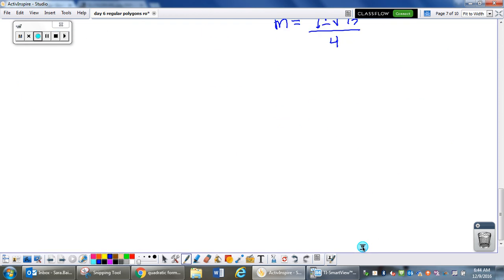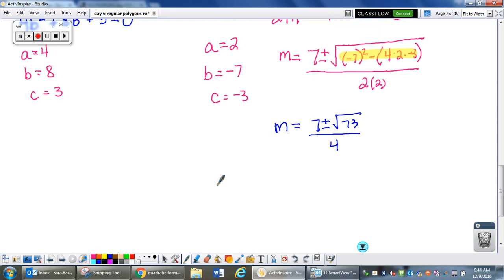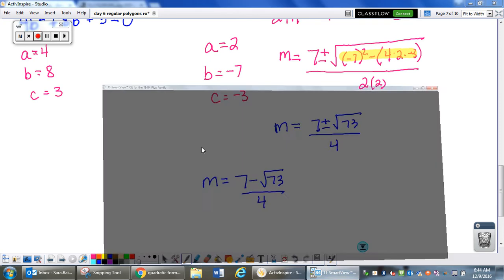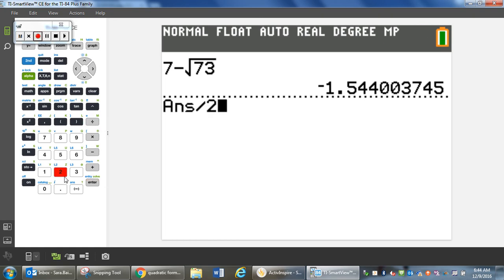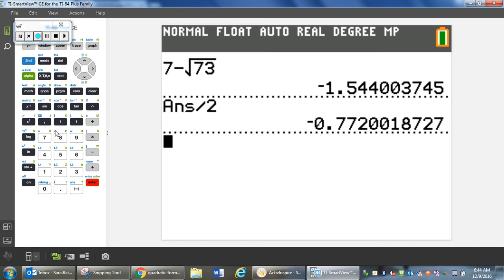Okay? So you're going to have one answer, which is 7 minus the square root of 73 all over 4. Watch how I'm going to key this in. 7 minus the square root of 73, enter, divided by 2. Or you could do, I'm sorry, it's divided by 4.